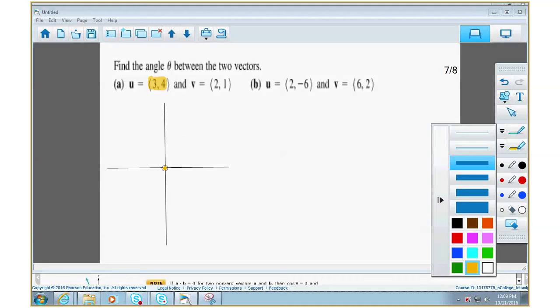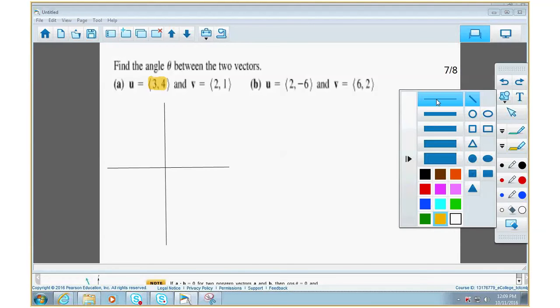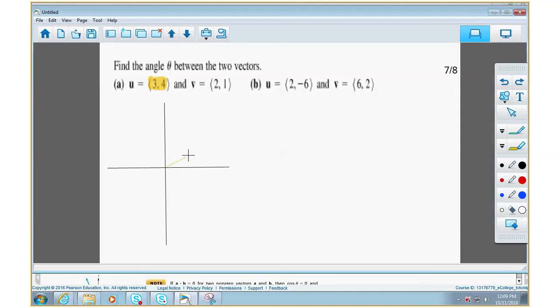I'm just going to draw straight. That's not a straight line. There. 3, 1, 2, 3, 1, 2, 3, 4. So there's that line.